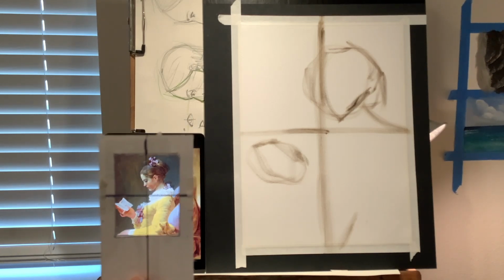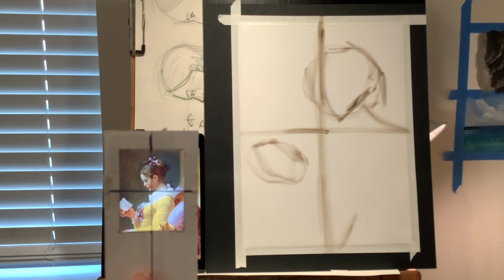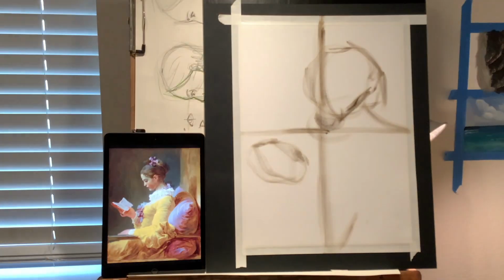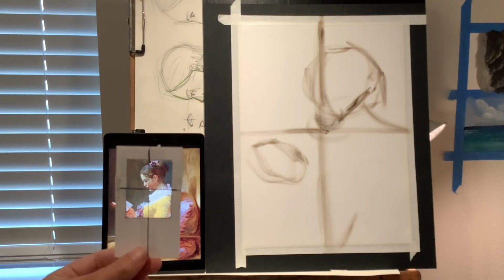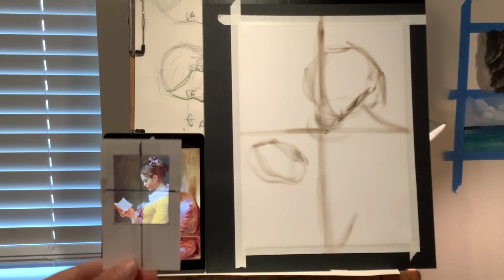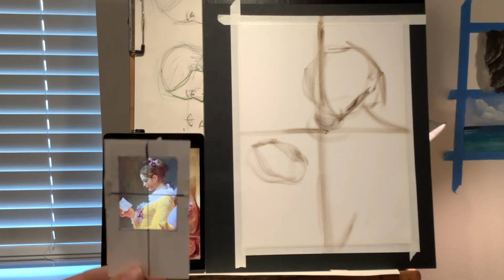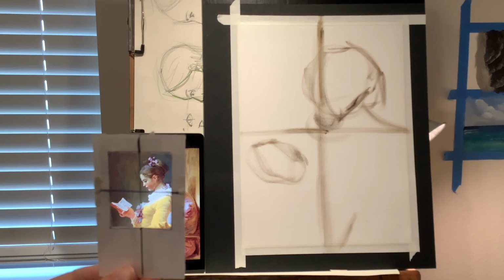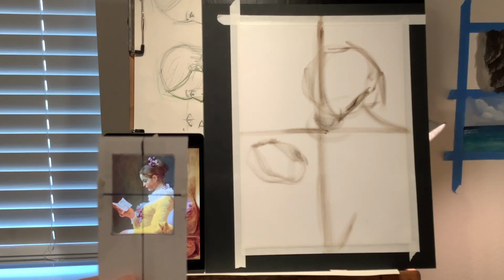Now I'm bringing this back in to where I have the head, back of hand, and I can see, okay, her chin is basically on that center point. So I'm putting that chin here. All right, and then bringing this up here. Now I can see the upper quadrant, upper right, and I'm trying to look at how much of her head and bun kind of take up that upper quadrant.